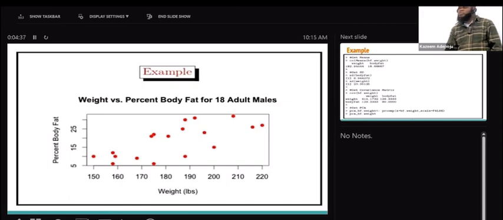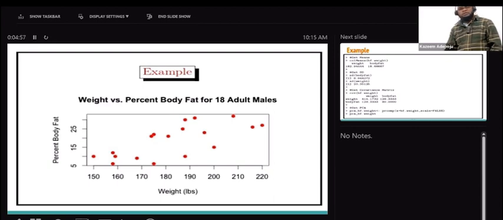Okay, that is what we call covariance. But if I want to measure how closely two variables are related, then I'm going to be talking about correlation.